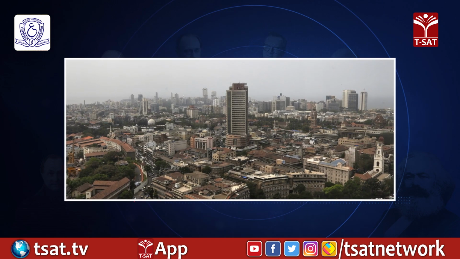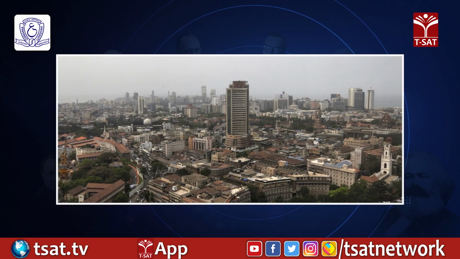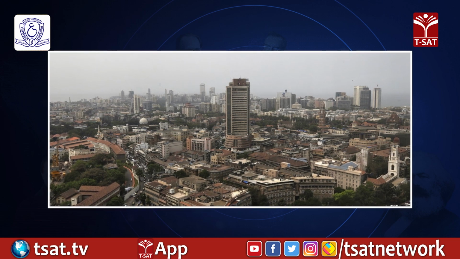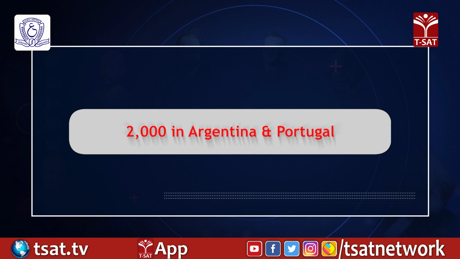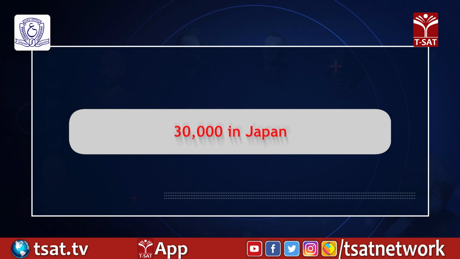The lower limit of the population size for a settlement to be designated as urban is 1500 in Colombia, 2000 in Argentina and Portugal, 2500 in USA and Thailand, 5000 in India and 30,000 in Japan.